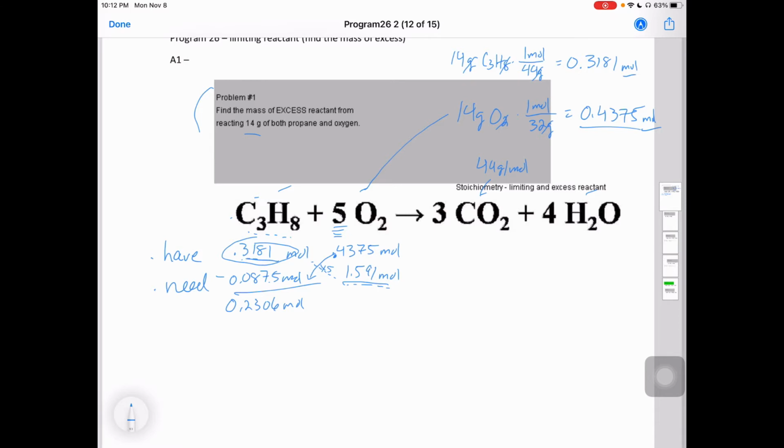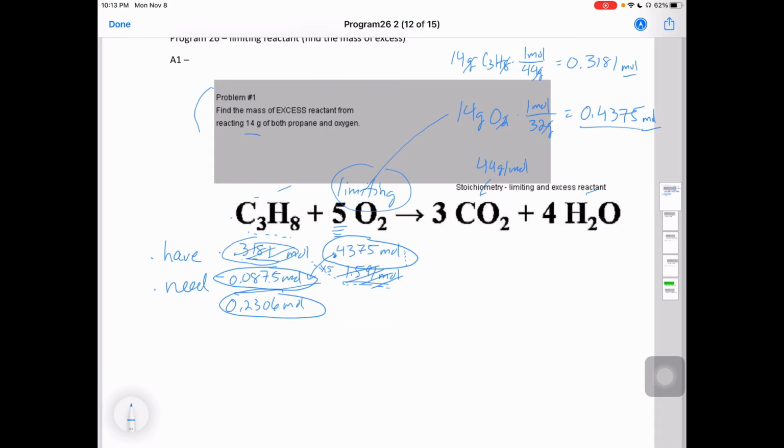Well, this 0.4375 moles minus 1.591 gives me a negative, so let's get rid of that. I had this much, I needed this much, I didn't have enough. So in other words, I'm going to react all of the oxygen because I've got excess C3H8. I only needed 0.0875 moles of it.